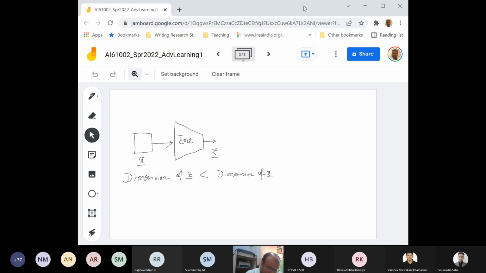Now the point is that if this is the case, then we'll have to look into the other part. So this is my case of compression. Now comes my other part.